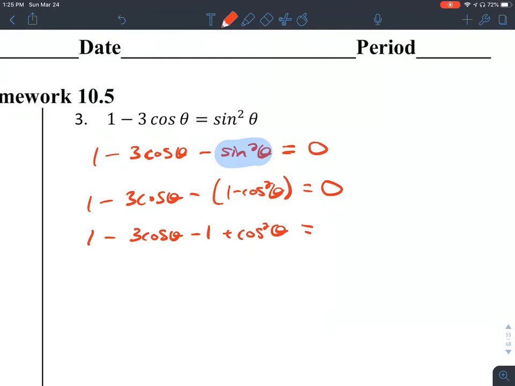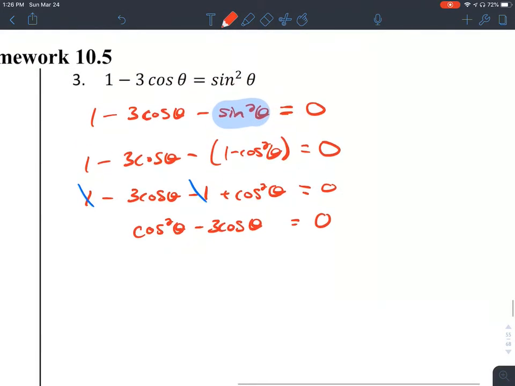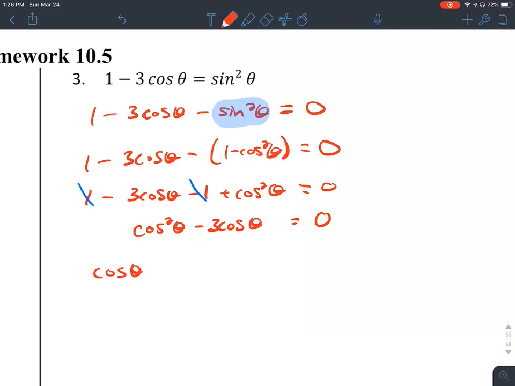Now the 1's cancel, and if I write this with the cosine squared first, I'm going to get cosine squared of theta minus 3 cosine of theta equals 0. Once again, plus 1 minus 1's cancel. Now this has a GCF of cosine.